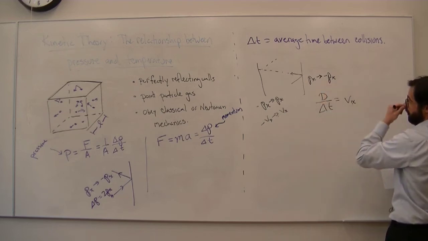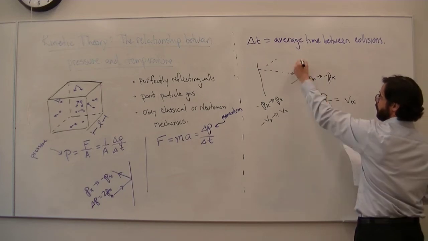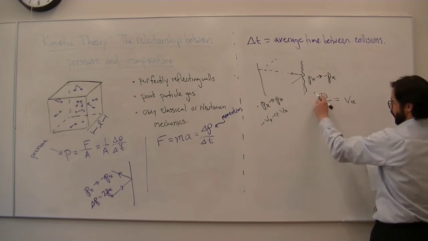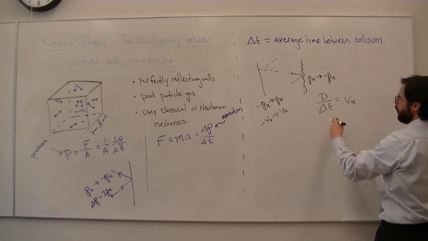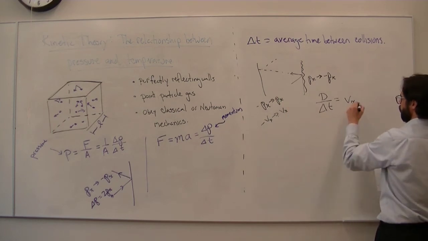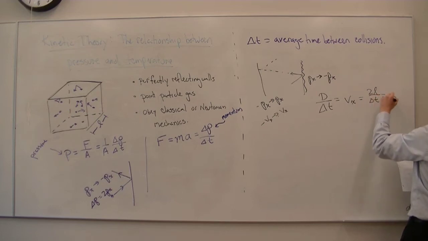And what's the distance in between? Actually, two ways of thinking about it. One way is what's the total distance in between collisions with this particular wall? It goes down and back, so that's 2L. Or I could think about it as half the time is to get down, half the time is to get back. But one way or another, I get something that looks like this. And we'll express everything in terms of p.